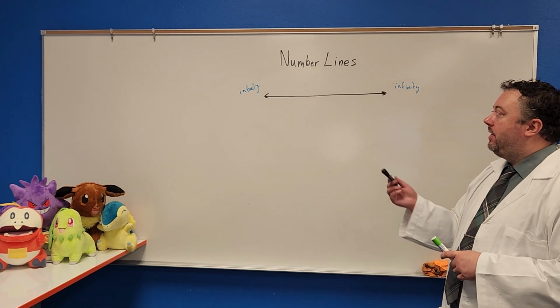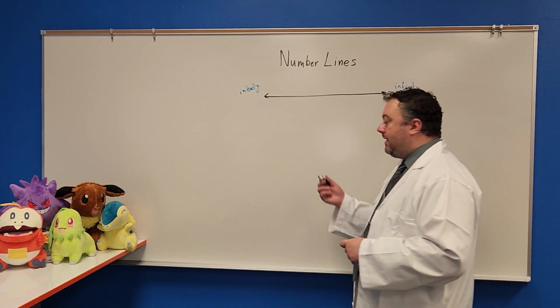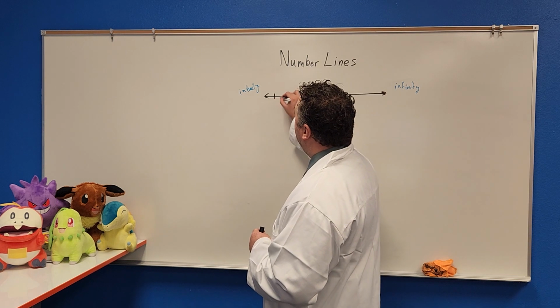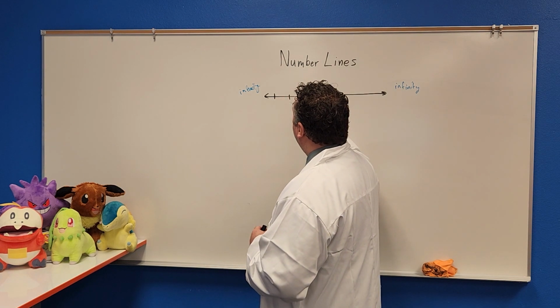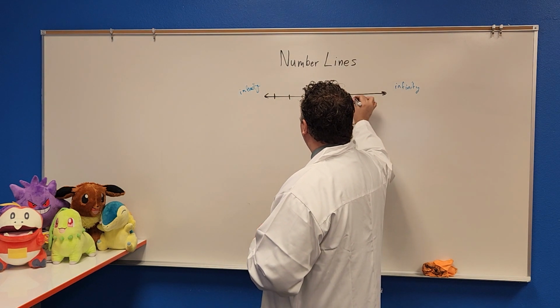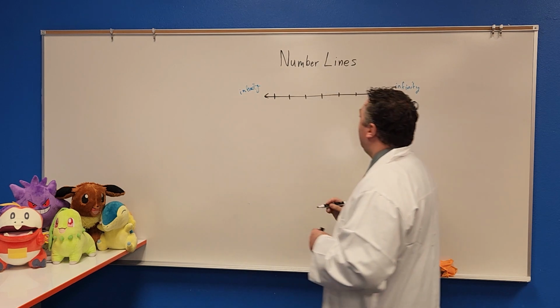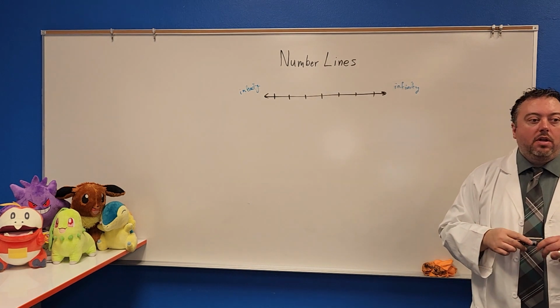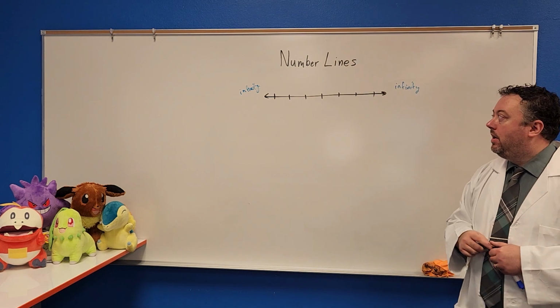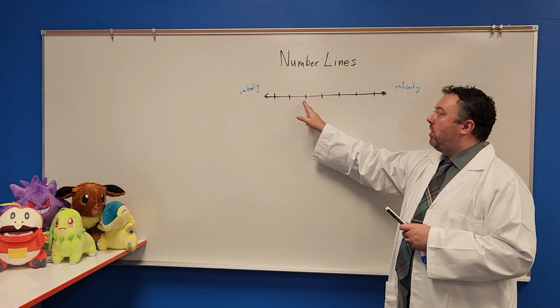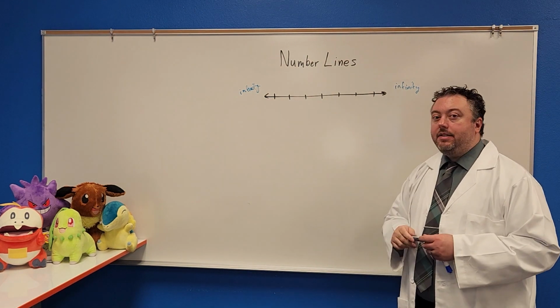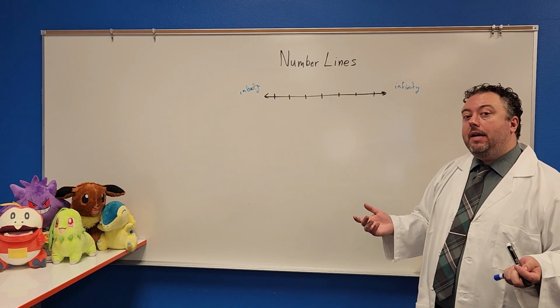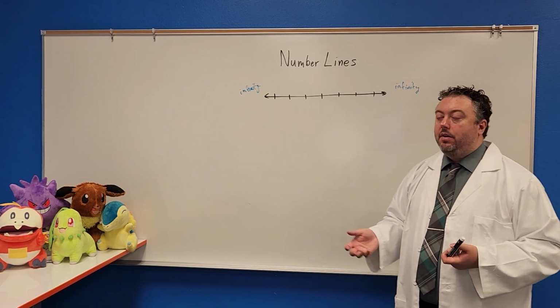Now, the other thing that's important about a number line is that number lines are equally broken up. They have equal pieces. So the distance between tick marks needs to be the same amount. Now, what that amount is depends on your number line. Okay?